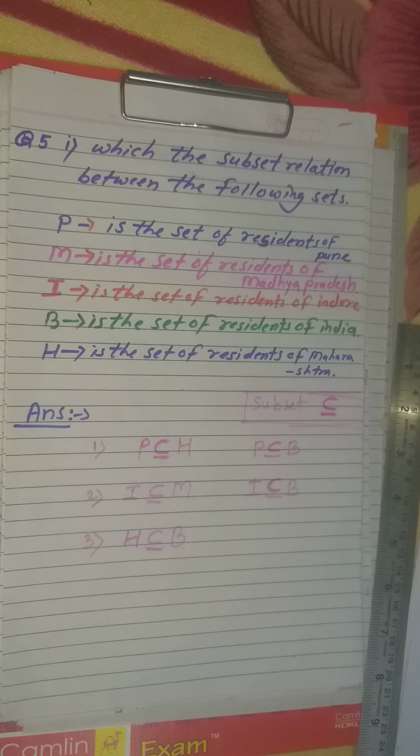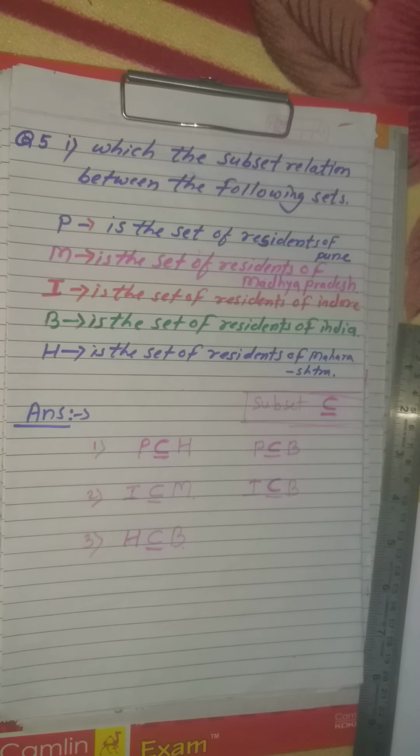I hope you have understood this exercise 1.3. In the next video we will continue with our next exercise, the last exercise of the topic. In that video we will see the union of two sets and how to solve the theorems also.